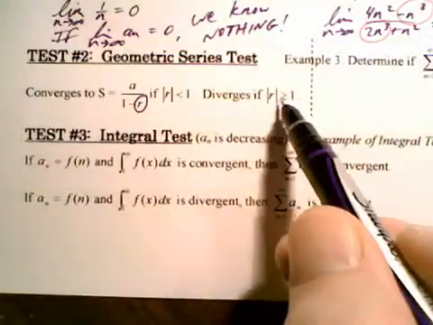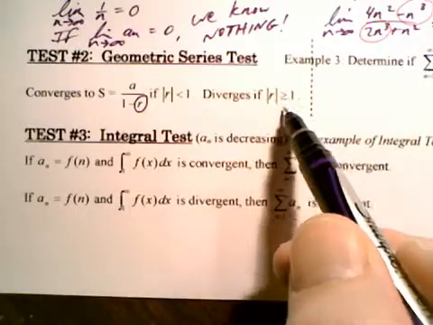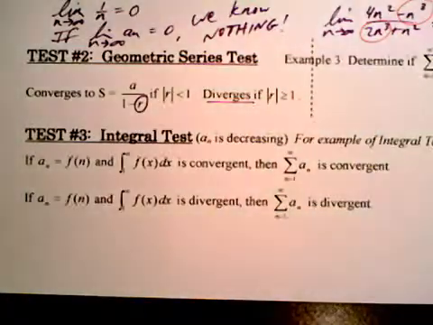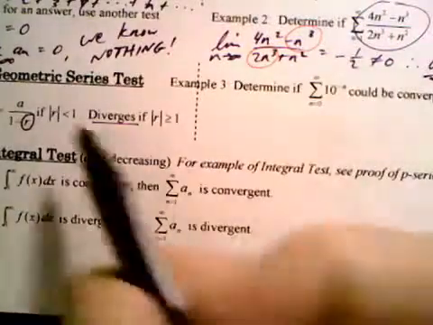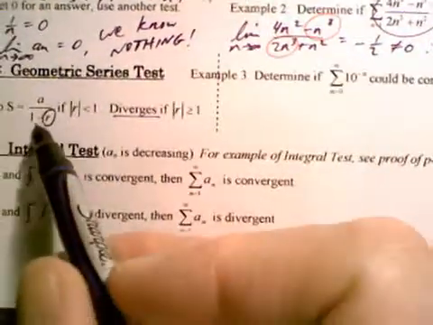If the absolute value of that common ratio is greater than or equal to 1, then the series diverges. Well, that should make sense, because from the very beginning, when you learned infinite geometric series, you learned that the sum is only this when that r is between -1 and +1.